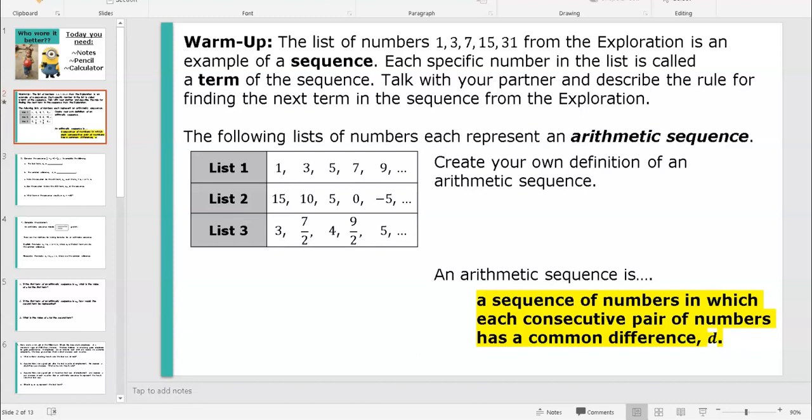So you have your own words. Now here's the math definition underneath that. An arithmetic sequence is a sequence of numbers in which each consecutive pair, that means one after another, has a common difference, which we're going to use the letter D for in the formulas that we're going to be working with today.